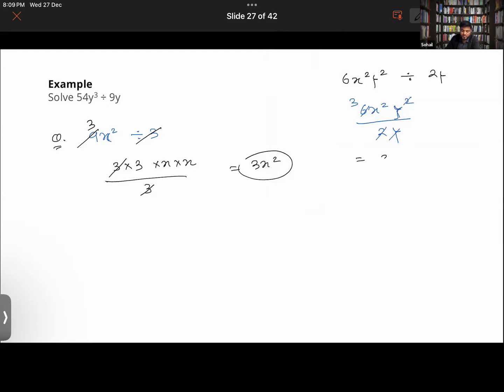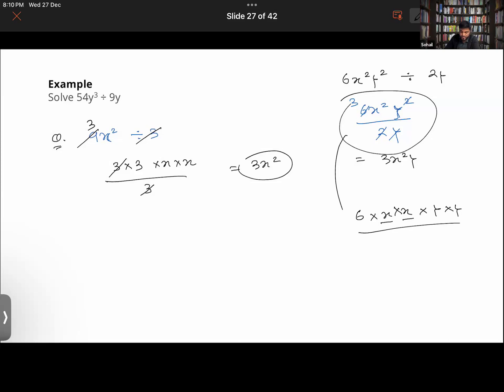So thereby this is 3x square y. If anyone didn't understand this, they can expand it like this, 6 times x into x. If you are having a lot of difficulty, you can do this. Thereby you are getting 3x square y.